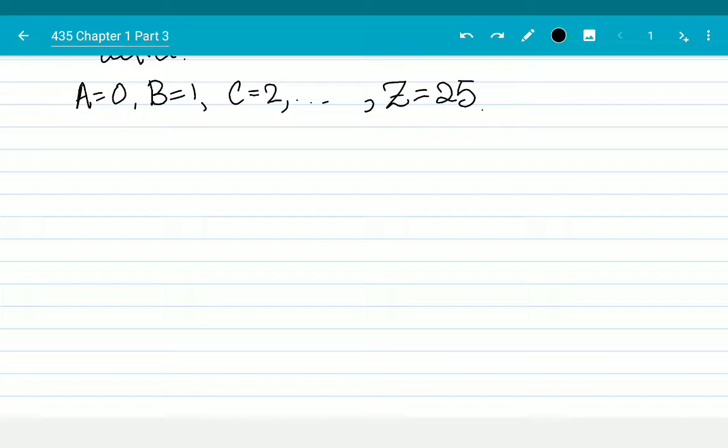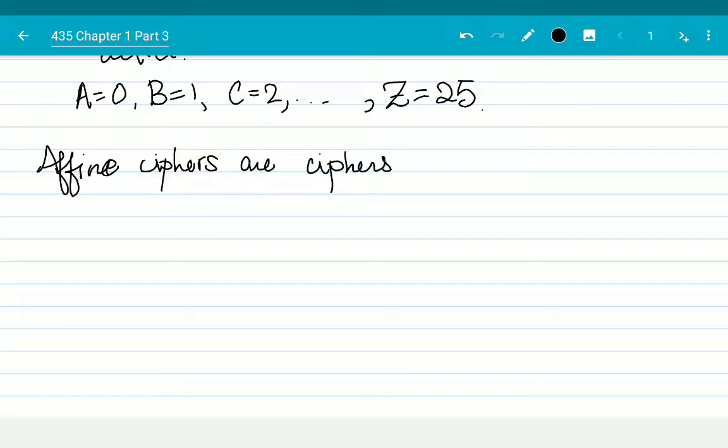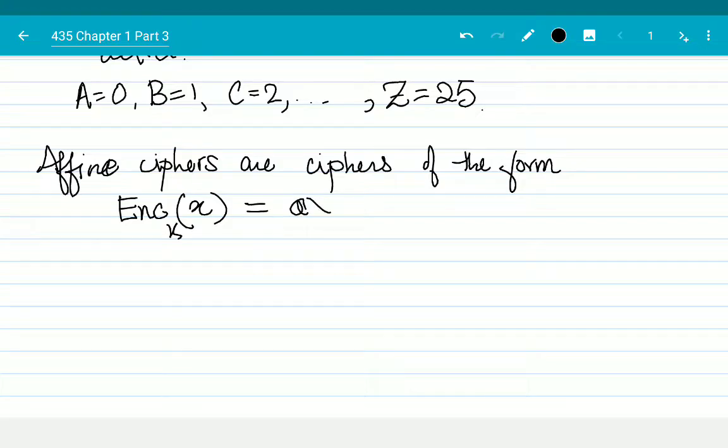So affine ciphers are ciphers of the form: encryption with key k of x is equal to ax plus b mod 26.